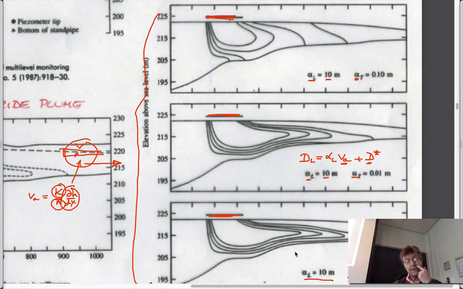And so the actual model that's used, I guess physically what would happen as a result of this is that, if you can imagine that this says something about how spreading will occur in the transverse direction, right? And so if you have this section, it's a two-dimensional section of a three-dimensional problem.